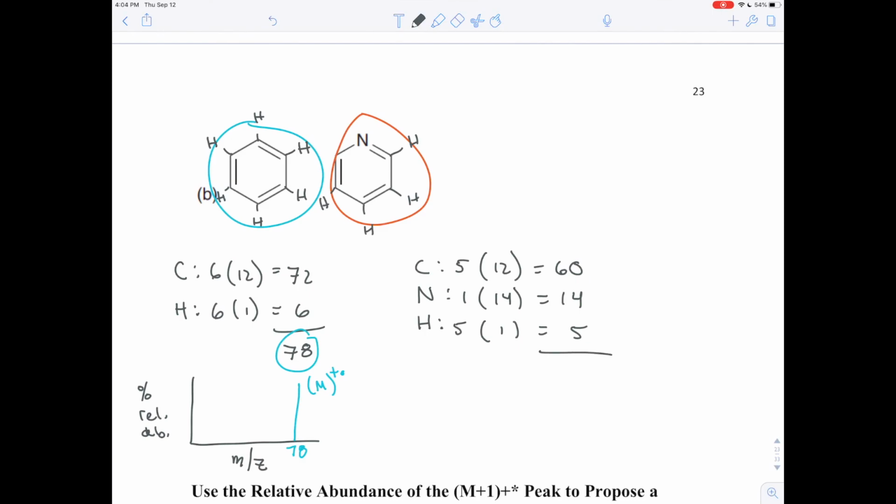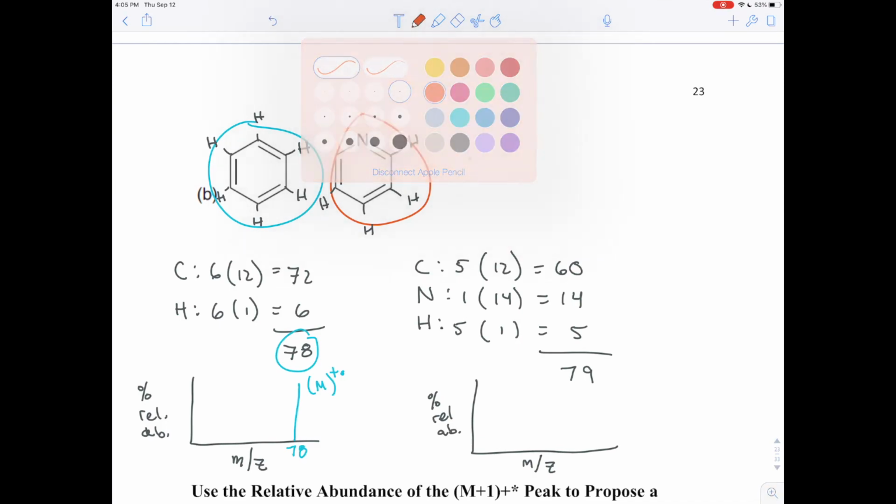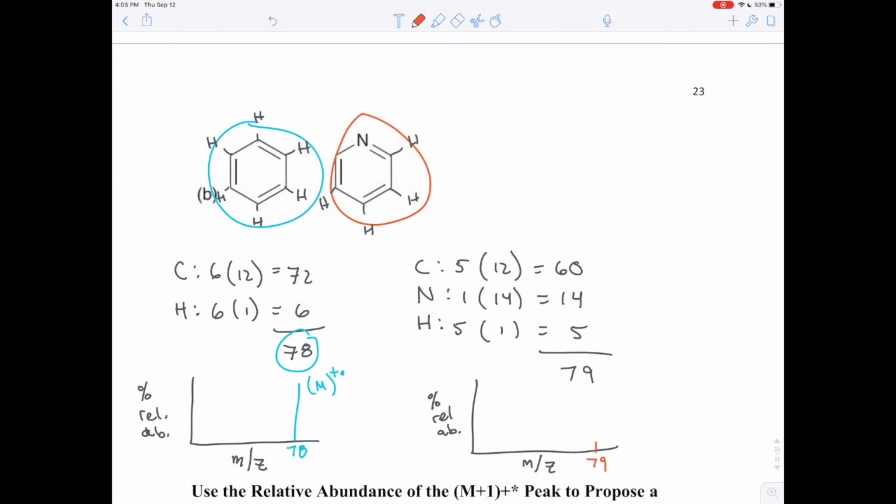So add all those up, and that will be 79. So in the mass spectrum for this, you look at the x-axis, which has the m to z ratio, which is really just the mass, because the charge is always positive 1. The percent relative abundance is on the y-axis, and you would notice that at 79, you would have that molecular ion peak.